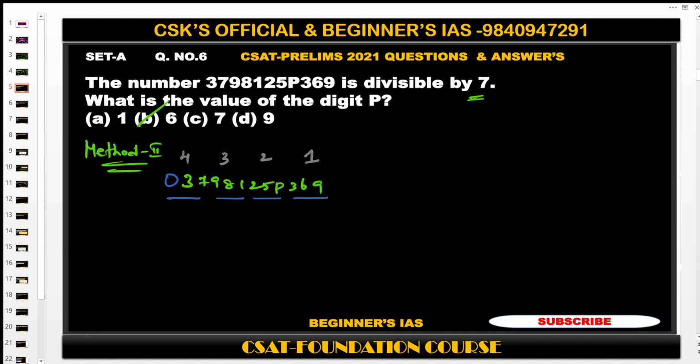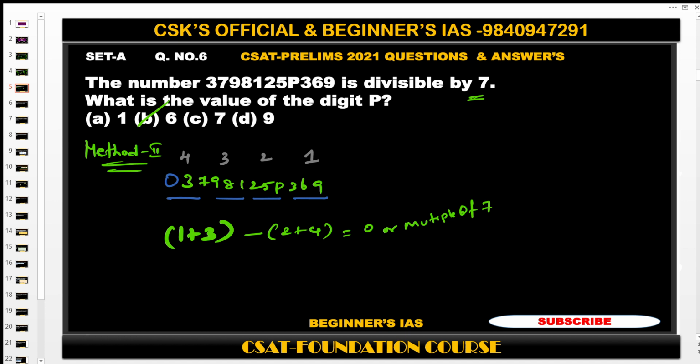Here what you need to do is add 1 plus 3, then minus 2 plus 4. If you do this, since this is divisibility by 7, the result is either 0 or a multiple of 7. So this is the concept here.